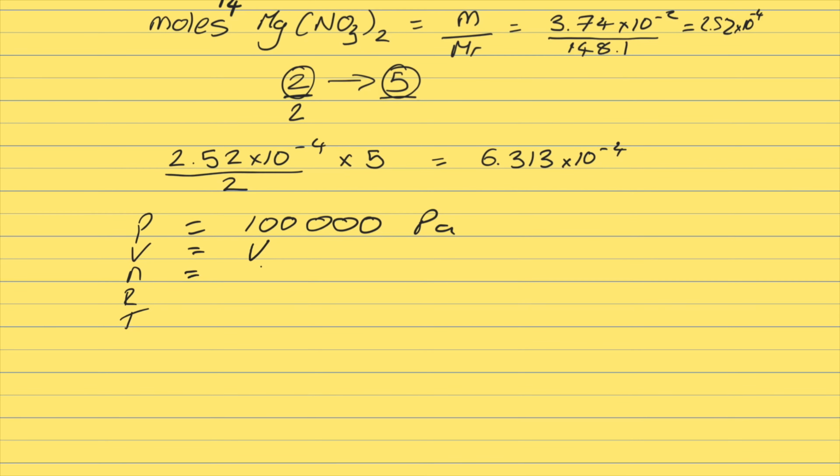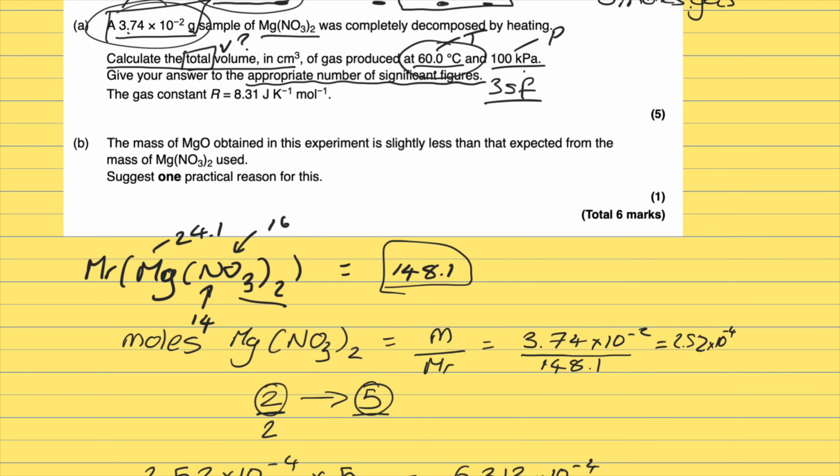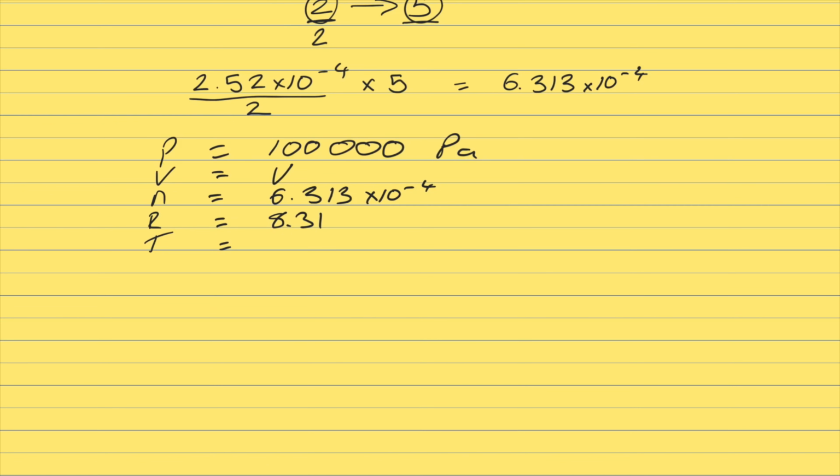The number of moles we just worked out to be 6.313 times 10 to the minus 4. R is the molar gas constant, and T is what they've given to us. It's 60. Remember, we need to add 273, so it's 60 plus 273, which equals 333 Kelvin.